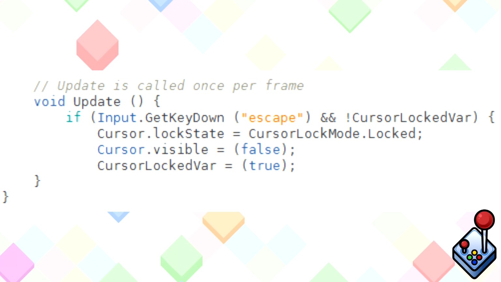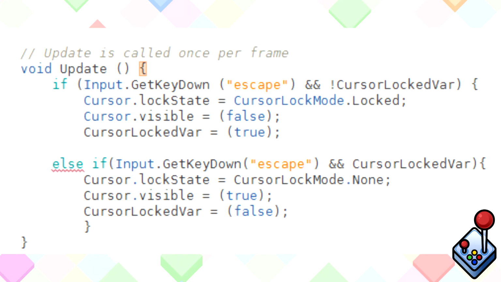The exclamation point before cursorLockVariable in the if statement means opposite. It's technically false in this case. And the and means, and. So if you press Escape and the statement is false, then everything will run. Else, we'll then go to else if Input.GetKeyDown Escape and cursorLockVariable is true, then, as you can see, it is the opposite of all the other statements from before.